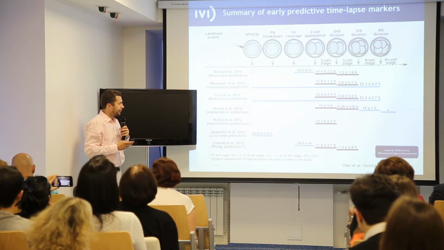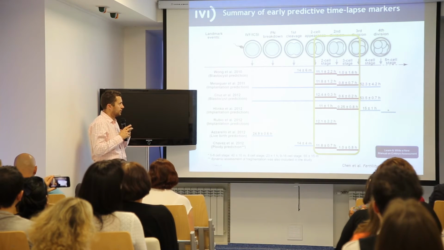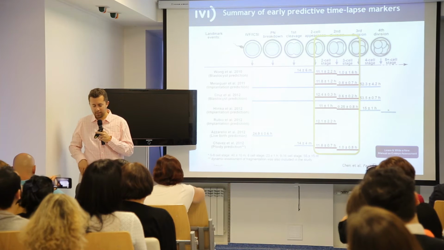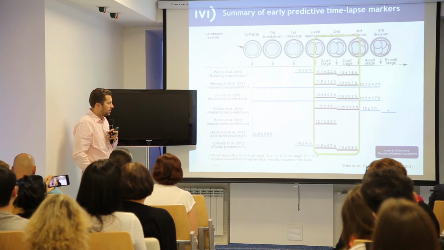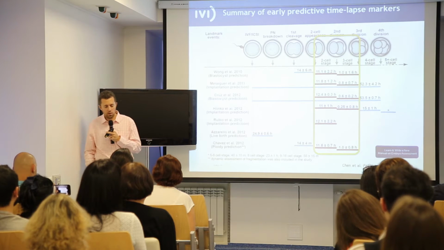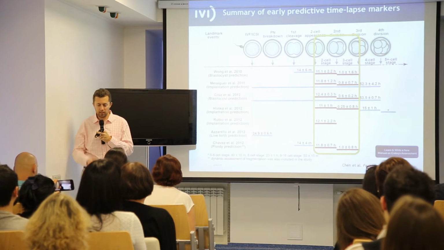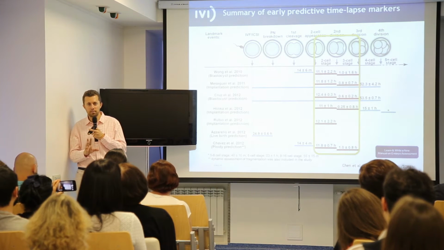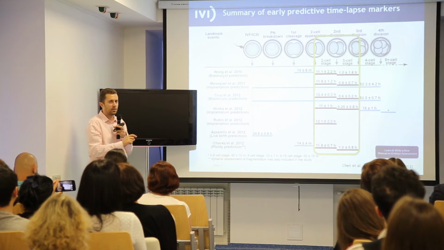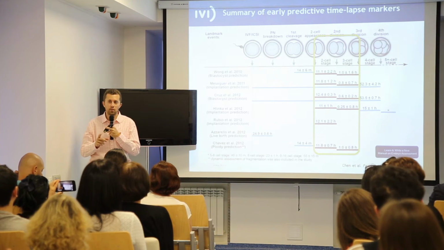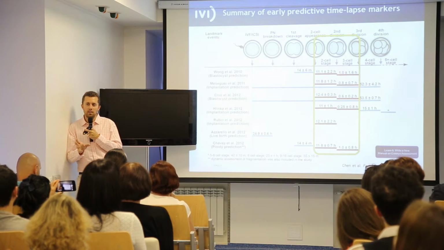So, if you take a look at the literature, just for those that are a little bit skeptical about these parameters, most of the publications that were done, this is a publication of 2013, still the number of papers was lower than now. Most of the publications reached the same conclusions. Most of the publications from different groups, just analyzing, for example, the transition between 2 and 3 cells, or between 3 and 4, reached the same numbers.